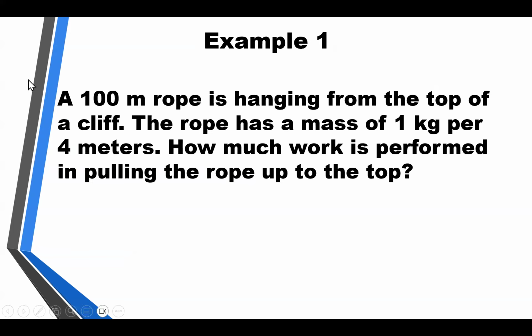If only 20 meters of rope is left, then the rope is going to feel lighter and it's going to take less force to pull it up. So the force function for pulling up this rope is going to be variable and it's going to be determined by how much rope is hanging still off the top of the cliff.